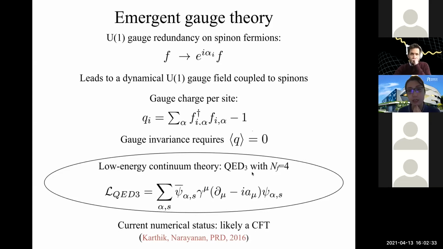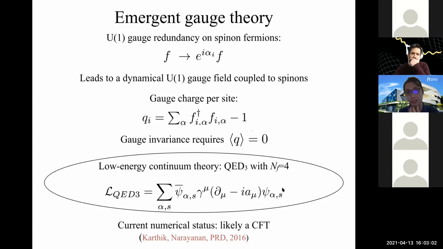So this theory, unlike the 4D version of QED, which is the textbook example of quantum field theory, the 3D version is actually strongly coupled in the IR. So it's actually pretty non-trivial to study its IR fate. But what we know from current numerical simulation is that at least for this flavor number, it's quite likely that the theory flows to a non-trivial conformal field theory at low energy.